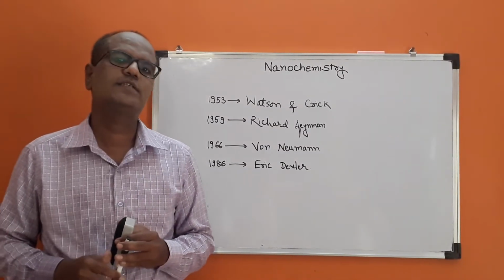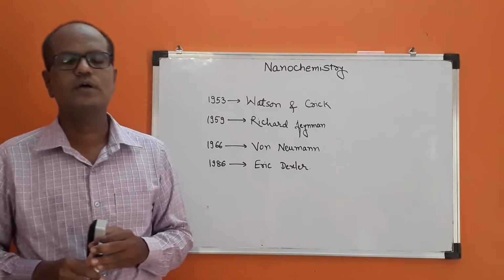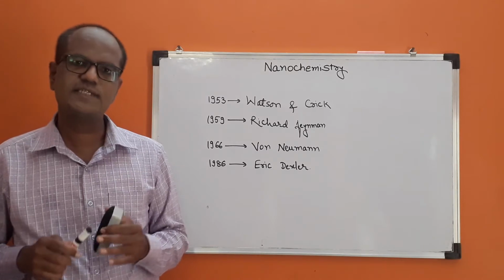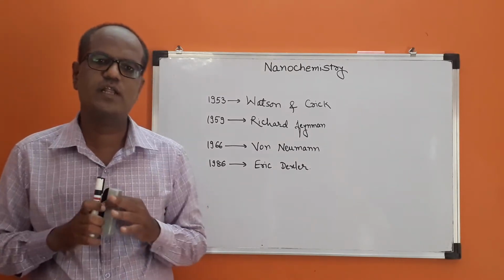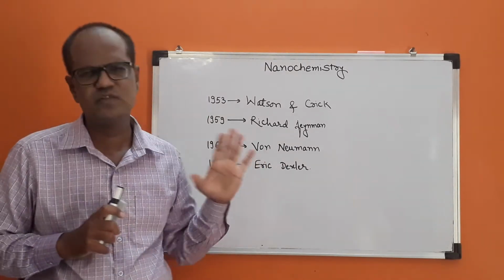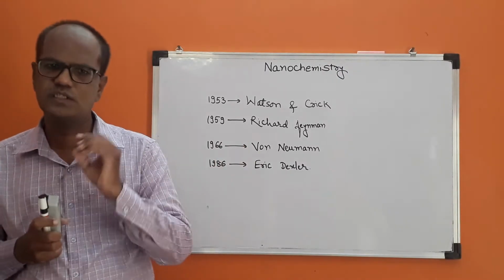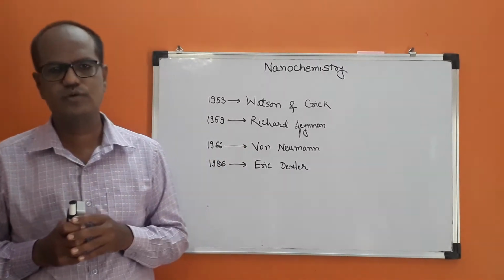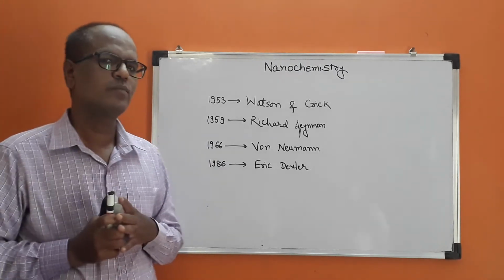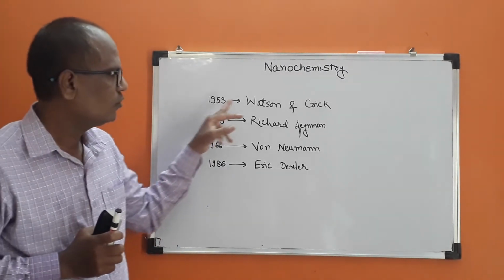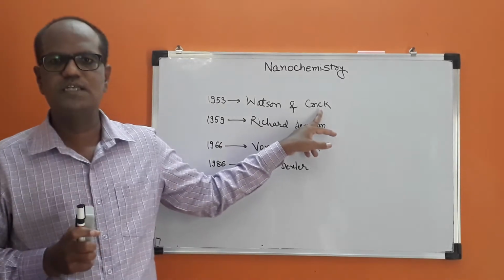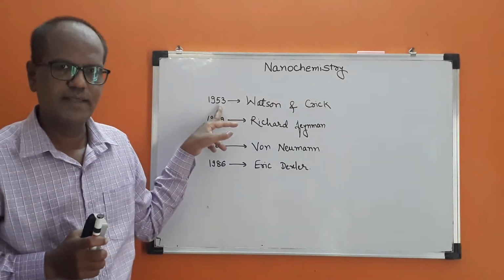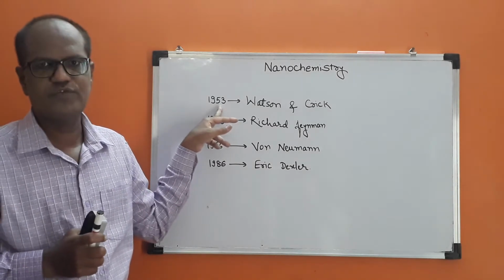Now we are discussing the history of nanochemistry or nanotechnology. Which scientist contributed to nanotechnology, that I have written at this place. We just need to read it and keep it in mind for objective questions for 1 mark only. In 1953, Watson and Crick are the scientists who did some research at a basic level in nanochemistry.